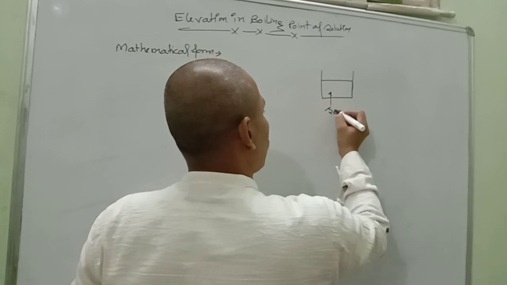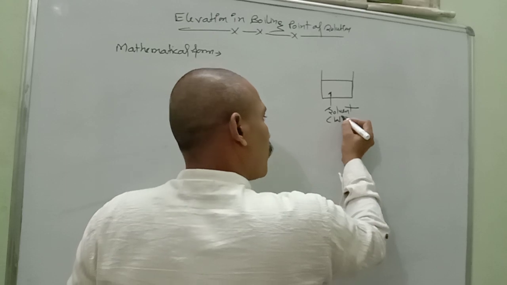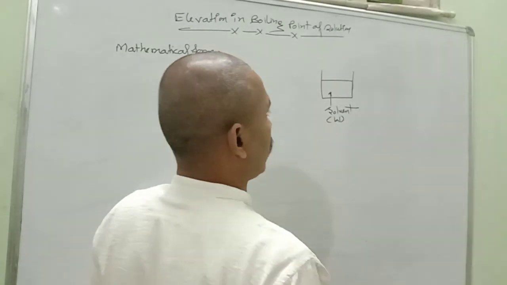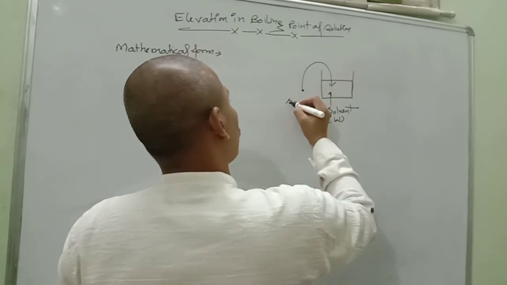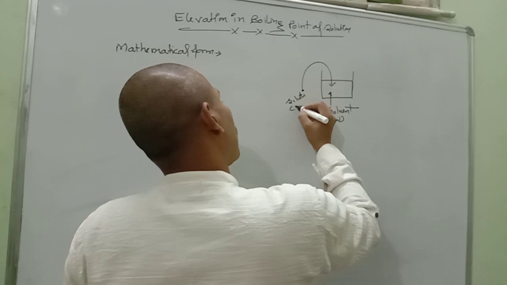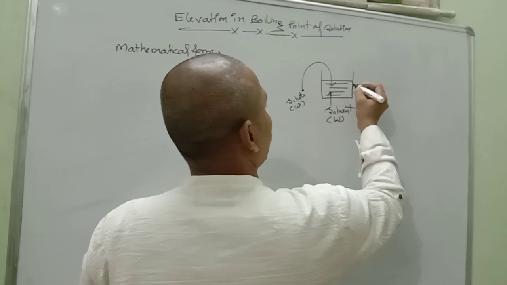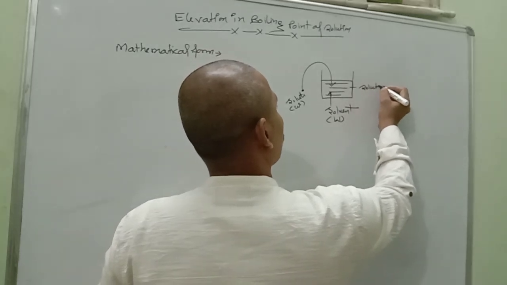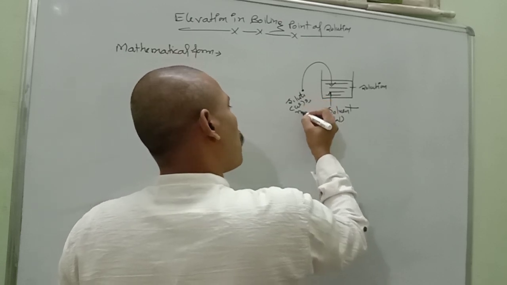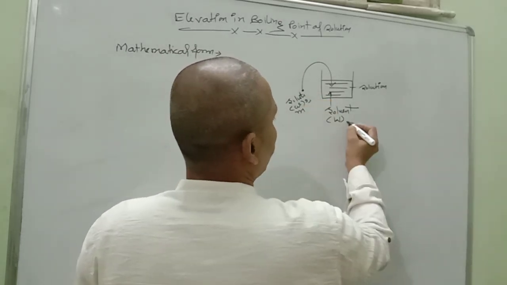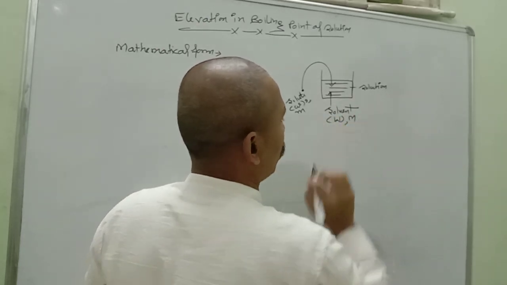Say this is a solvent, and this is the solute having weight small w gram. When this plus this, it becomes the solution. Small w is the weight in gram of solute and small m is the molecular weight of solute. Capital W is the solvent weight in gram and capital M is the molecular weight of the solvent.